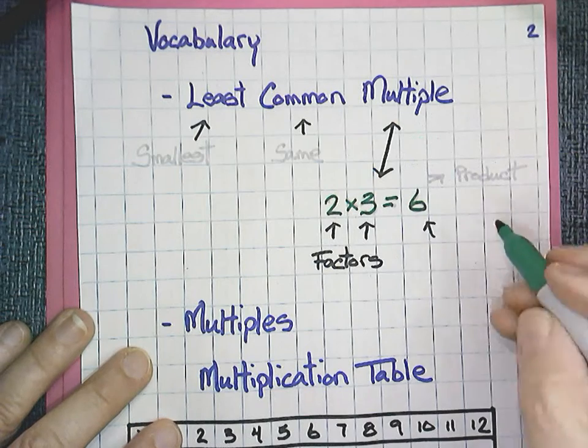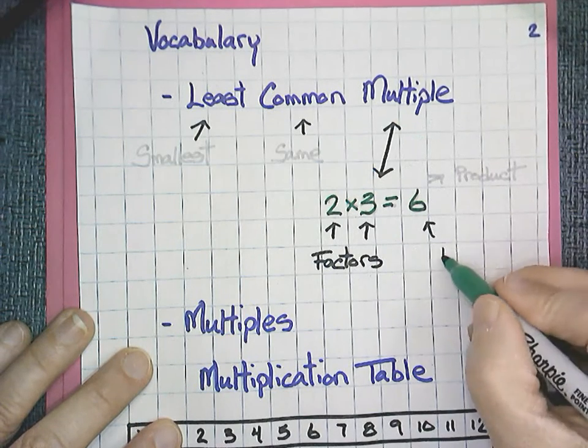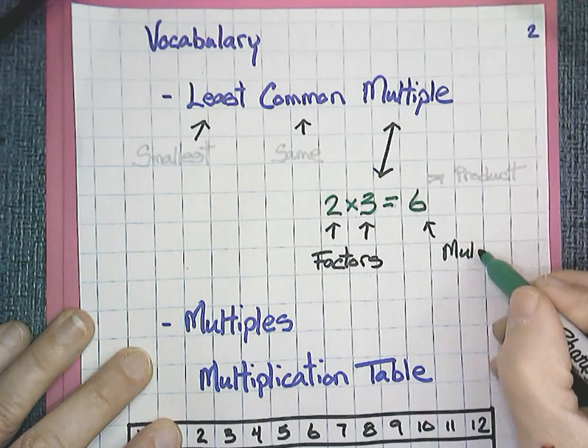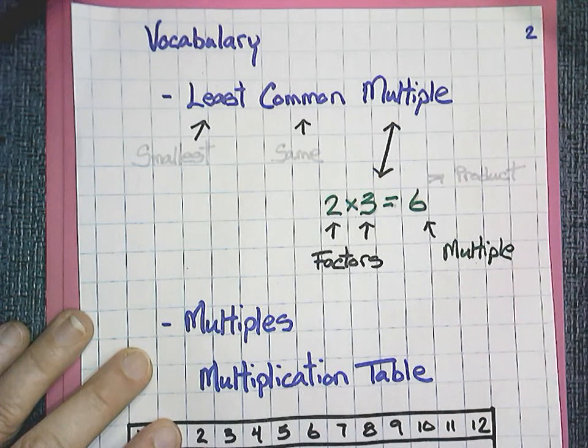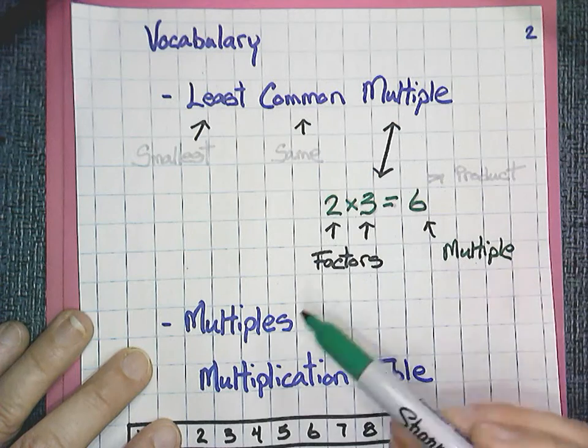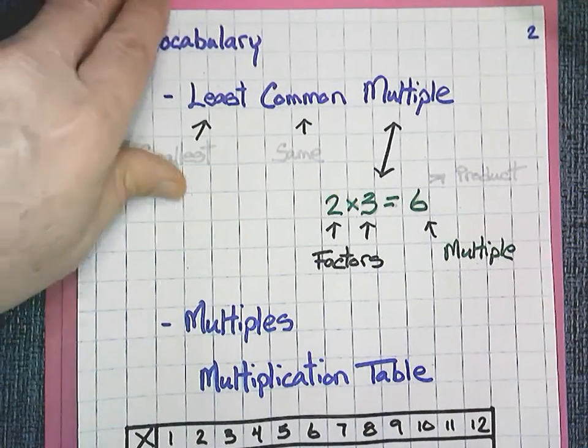But the product we could also describe as being a multiple. So in other words, 6 is a product, but it is also a multiple.